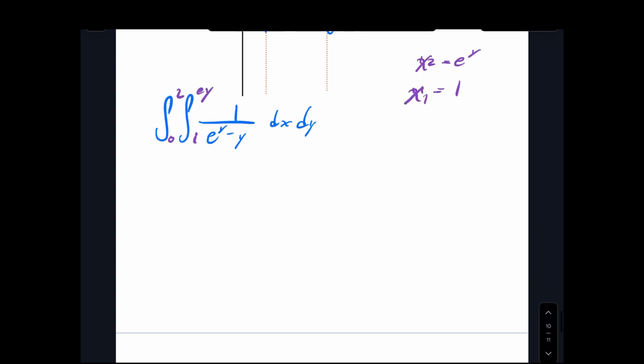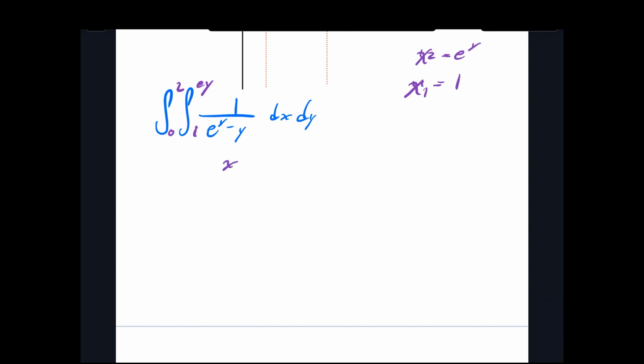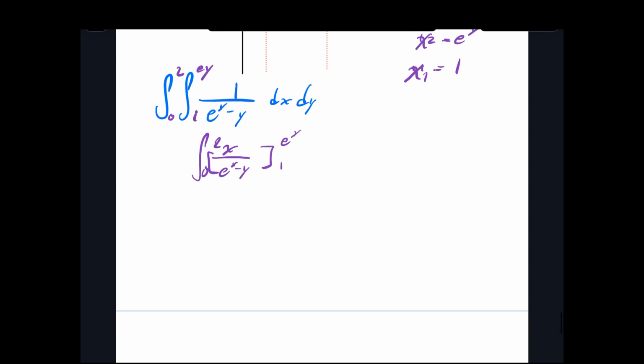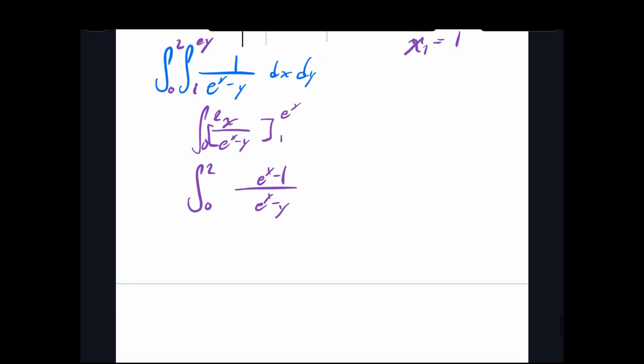Okay, so the first one with respect to x is going to be, the integral from 0 to 2 of e to the y minus y, evaluated from e to the y over 1. What you'll get here is e to the y minus 1 over e to the y minus y. Notice if you take the derivative of the denominator, you'll get the numerator.